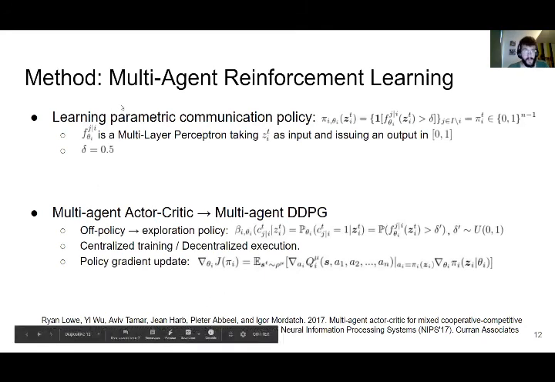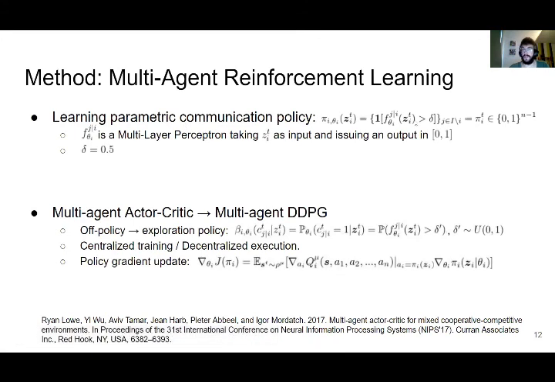Then in this work, we try to learn a parametric communication policy, in which the communication policy is modeled as a multi-layer perceptron that takes the observation of robot I as input and issues an output between 0 and 1. If this output surpasses a certain threshold, which in our case is 0.5, then robot I will issue a communication request to robot J. Otherwise, there won't be any.